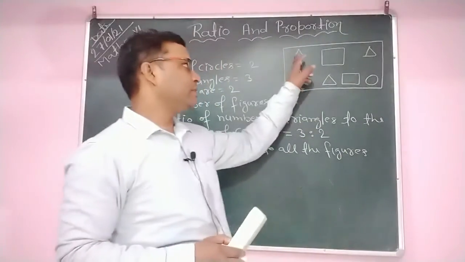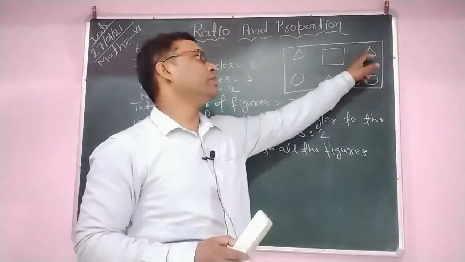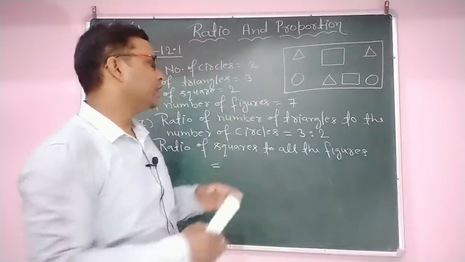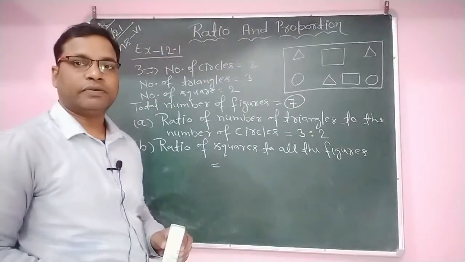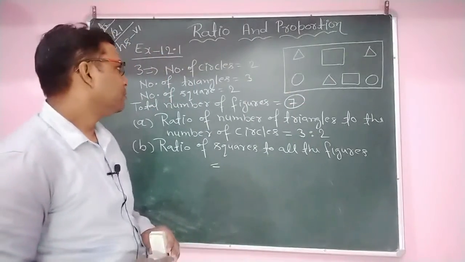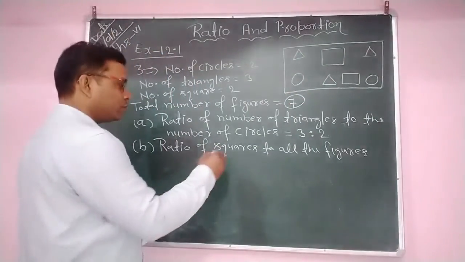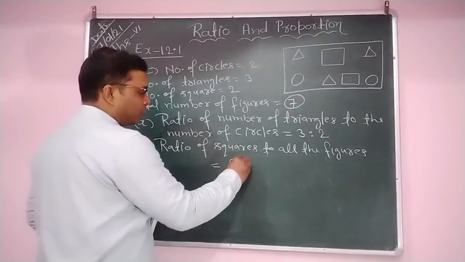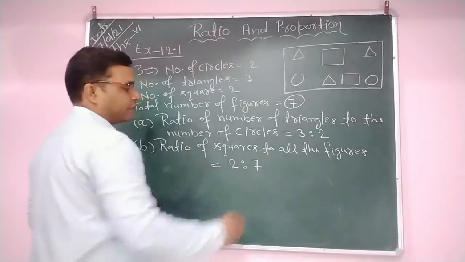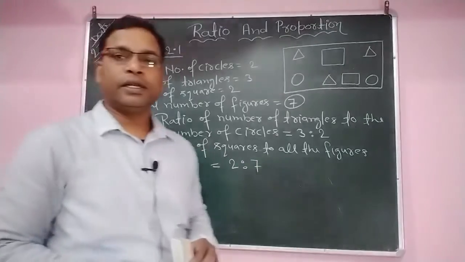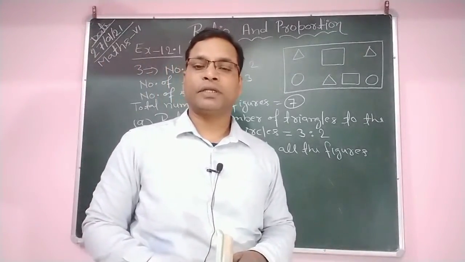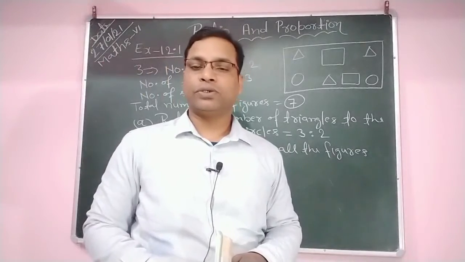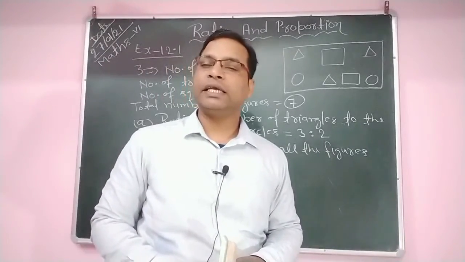If you count 1, 2, 3, 4, 5, 6, 7, you already found it. The number of figures inside the rectangle is 7, and the number of squares is 2. So you can write it 2:7. Clear?